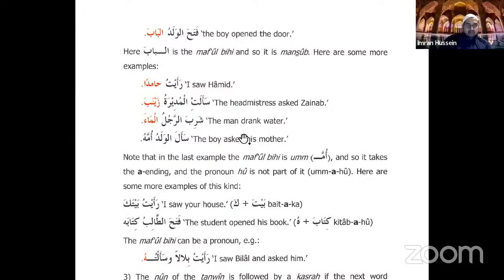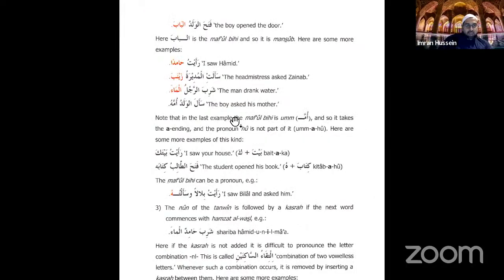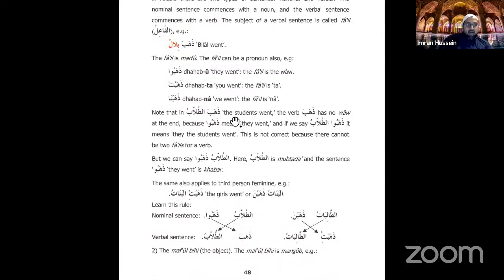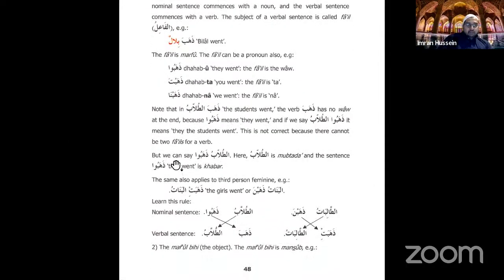Right, okay. Let's go back. But we can't say at-tullabu is mubtada, okay, that's been covered. The same also applies to the third person feminine. For talking about the masculine, the same applies to the female one. So dhahabat. Is it a plural or singular verb?